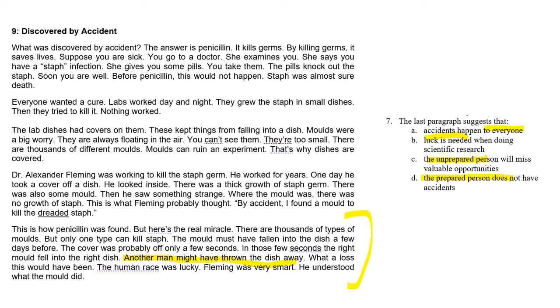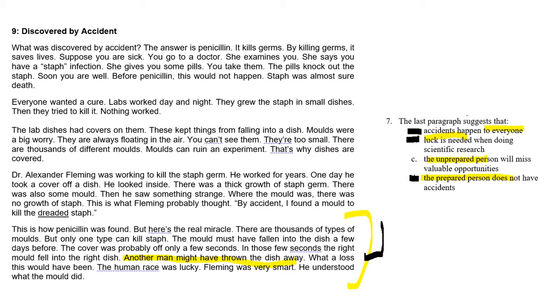Now, it does not say that everybody has an accident, so we can take away answer A. Luck is needed in this experiment, but it does not tell you about other experiments, so we can take away answer B. And Alexander Fleming was lucky. He was lucky because this mold fell into the right dish, and he was there.